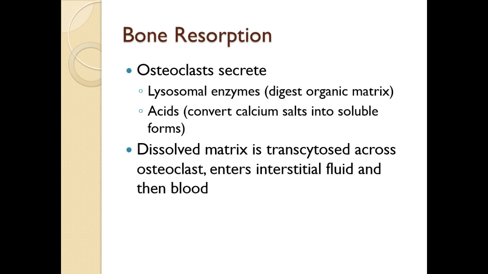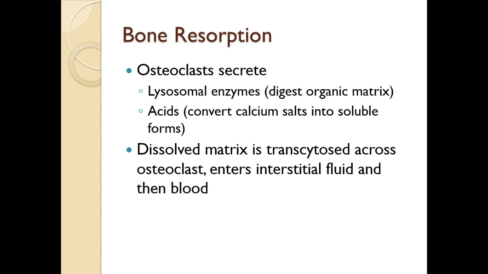And the dissolved matrix is transcytosed, I should say. If you remember endocytosis and exocytosis, just imagine something coming into the cell by endocytosis, and then exiting the other side of the cell by exocytosis. That's all we're talking about here: transcytosis. So the dissolved matrix is transcytosed across the osteoclast to enter the interstitial fluid and then the blood.